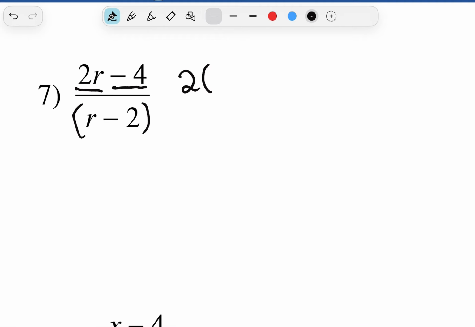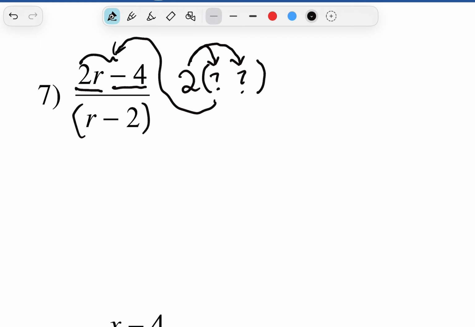And then we have to ask ourselves, well, we factored out a 2. If we were to do distribution, what is it that we would have to put in this spot and this spot so that we would get these terms back? If we wanted it to be the same, we want to be able to put something inside there.